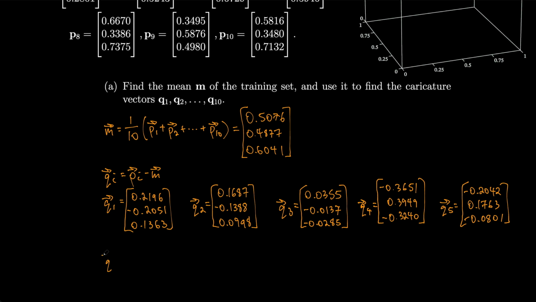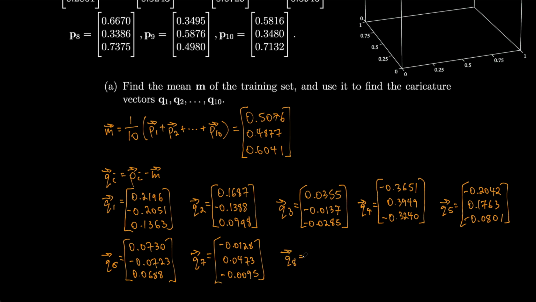Now let's get q6. So that's 0.0730, negative 0.0723, 0.0688. For q7, we'll get negative 0.0128, 0.0473, negative 0.0095.